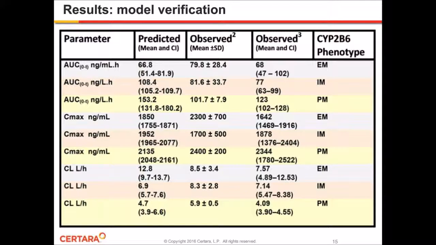And if you look at the AUC, you'll see that there's a significant difference between the EM, IM, and PM group. So this convinced us that our model was good enough, and that then motivated us to go on with the simulation of the 5,000 subjects in each case.